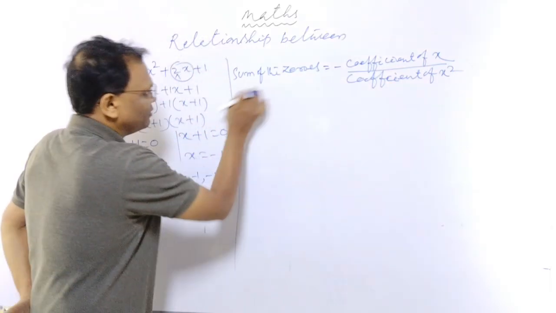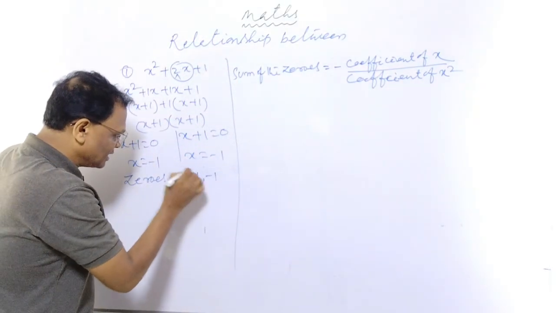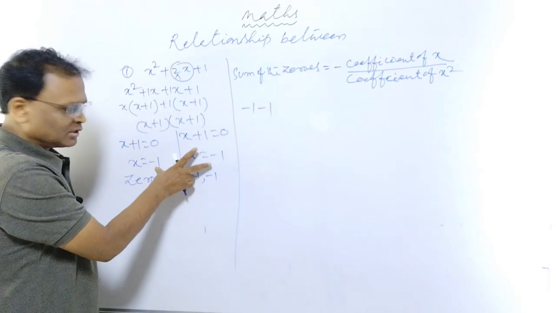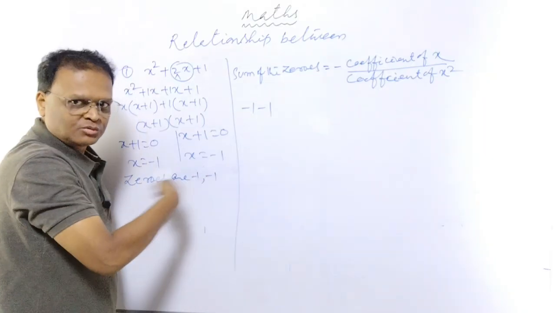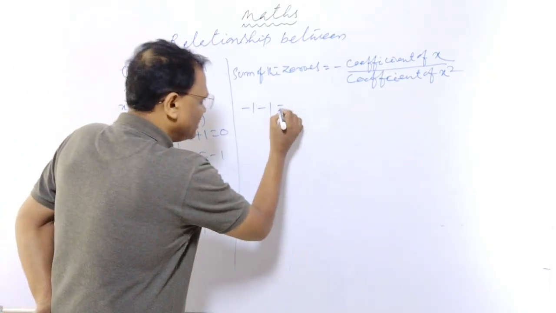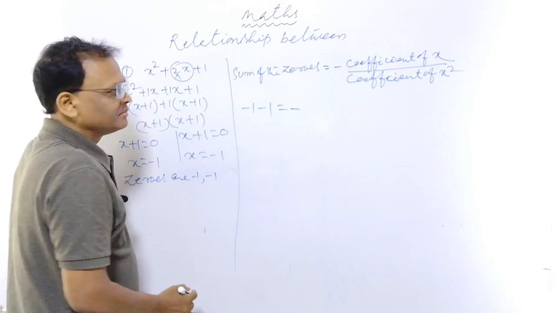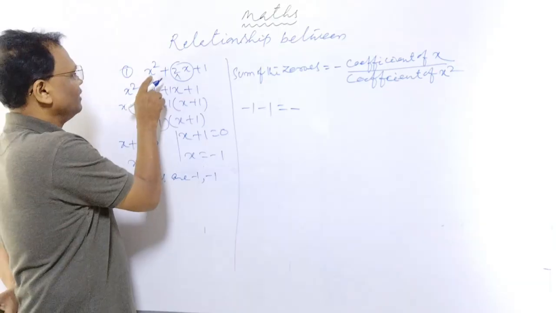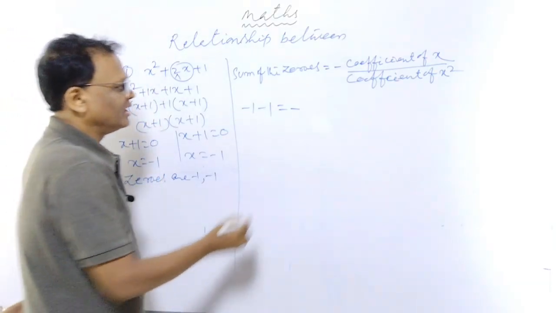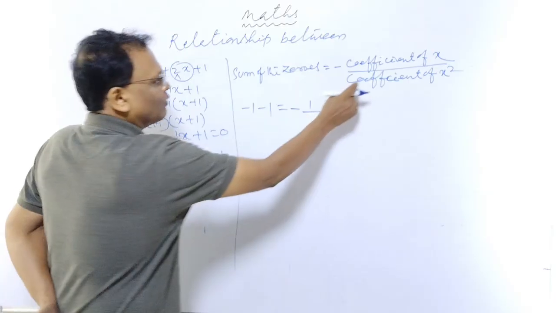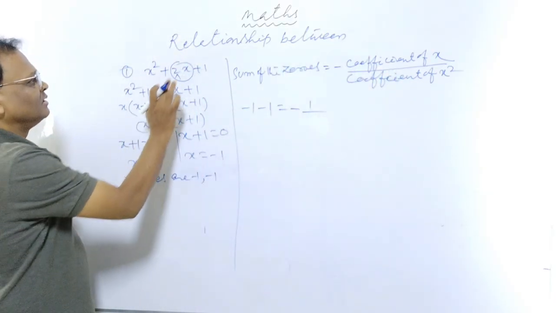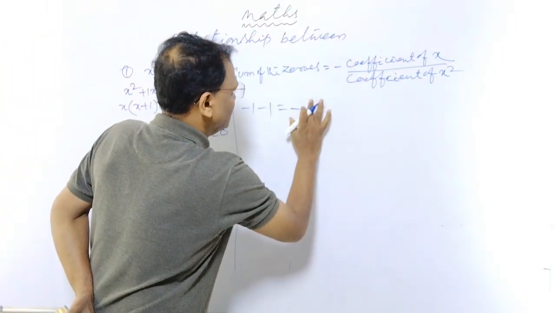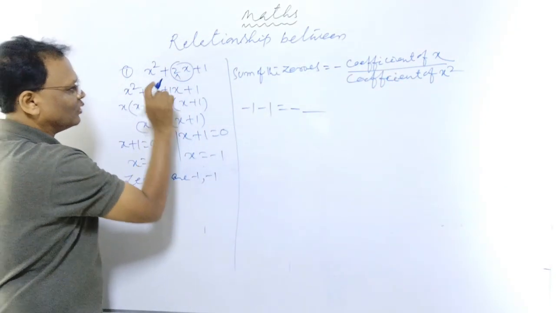Sum of the zeros. What are my zeros? These two are the zeros. Sum of the zeros means the sum of these two, minus 1 plus minus 1, is minus 2. Now minus coefficient of x. Sorry, one minute: the coefficient of x is 2, not 1.